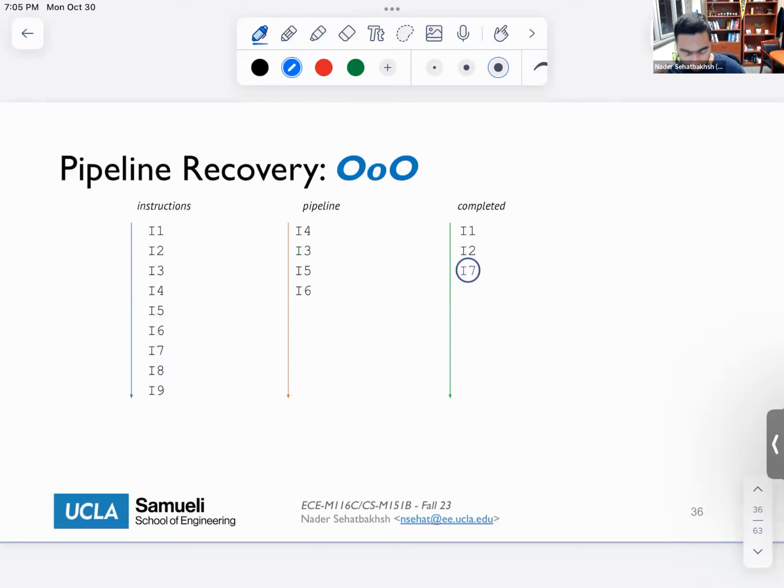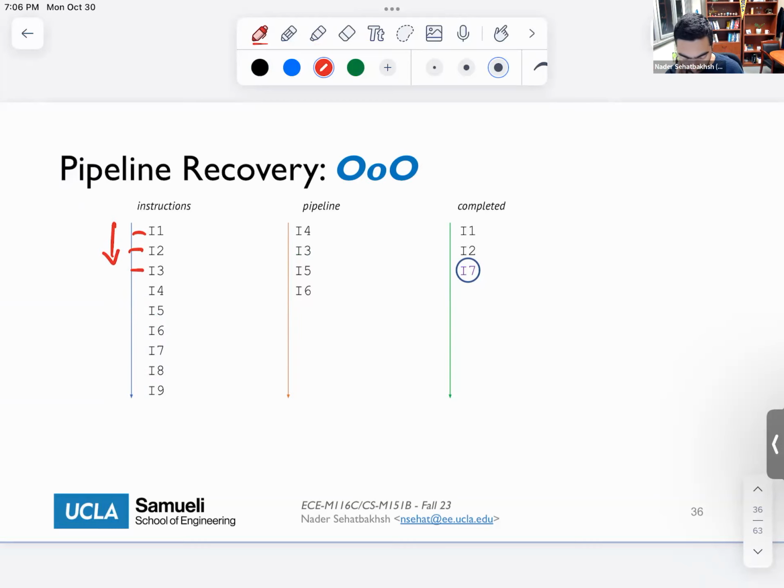But now let's talk about out of order execution. This is where things get interesting, okay? So consider the same example, but this time say we are doing it in this direction, and we want to do I1, I2, I3, and so on.